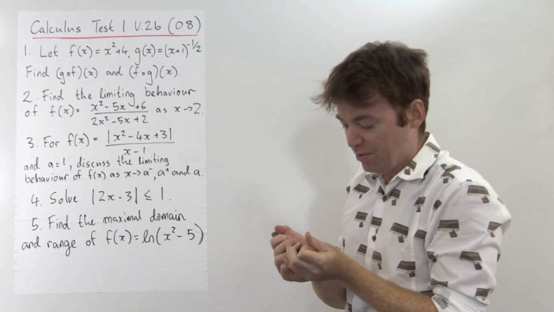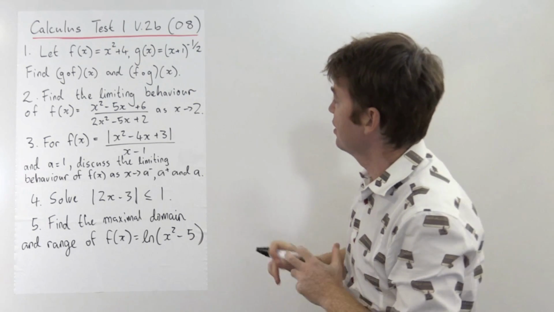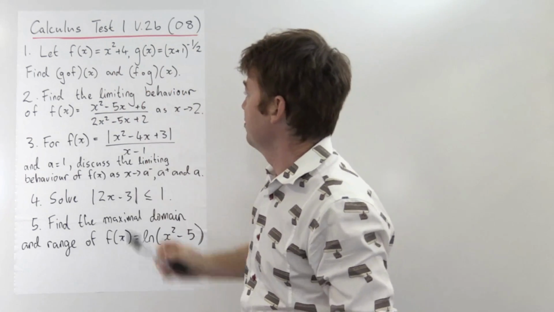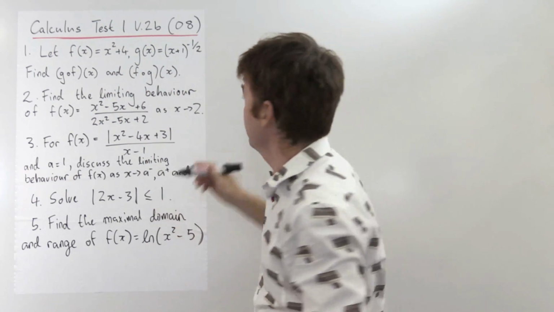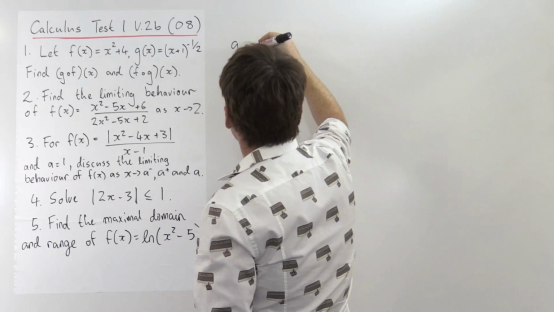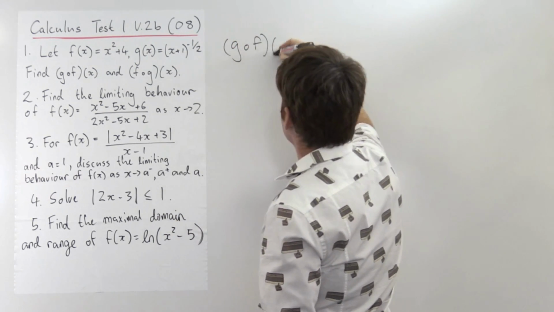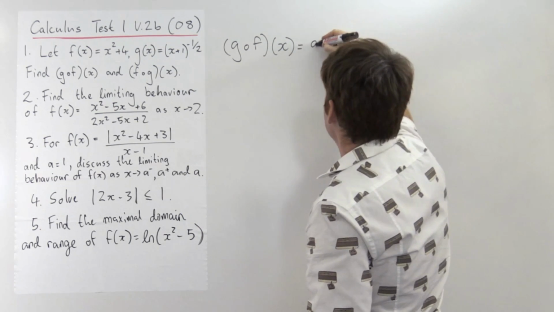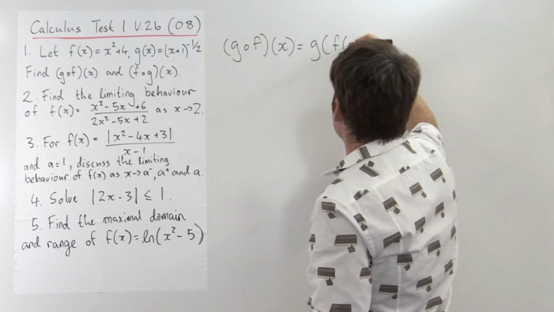Right, so question 1. This is a 2-mark question. Given these two functions, compute these two objects. So, I'll just get stuck into it. What is this object? Well, that's g of f of x.